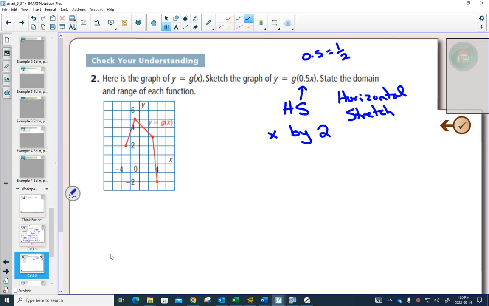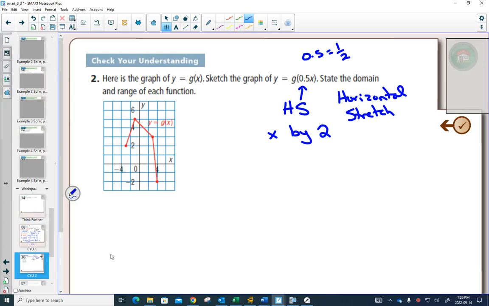So we take the fraction, we flip it, and multiply it by the reciprocal. Anytime you're multiplying by more than 1, that always stretches something. Anytime you multiply by a fraction less than 1, that's going to make it compressed. So now we know that our x values are going to get multiplied by 2.